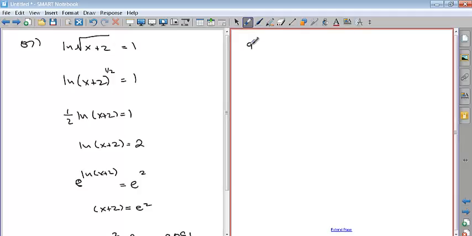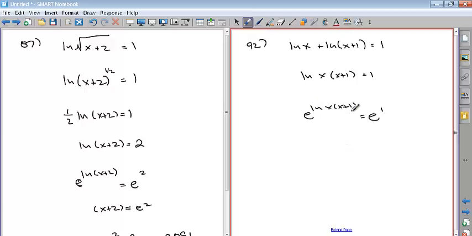Okay, 92. Get the natural log of x plus the natural log of x plus 1 equals 1. So we're going to combine these two into a product. Then we can use the inverse properties of logarithms and exponents.